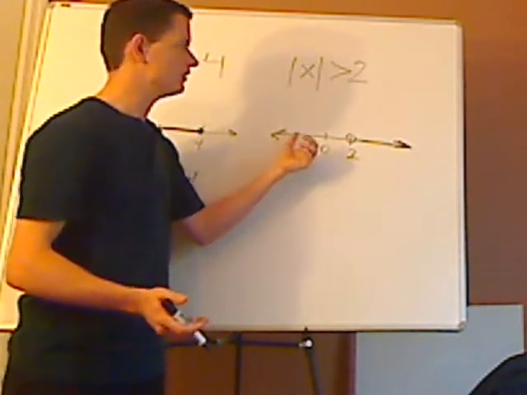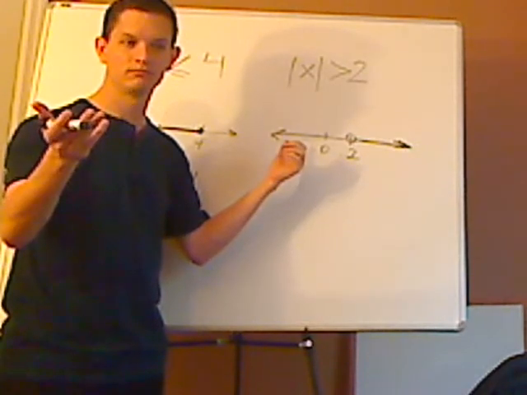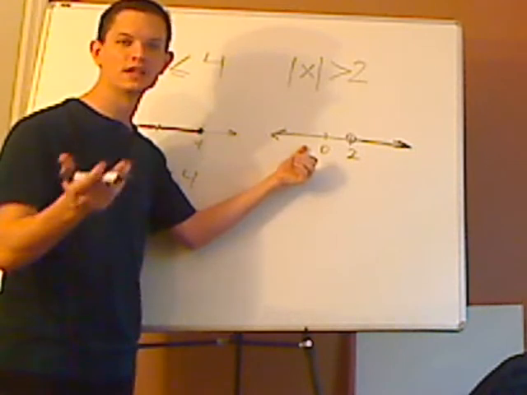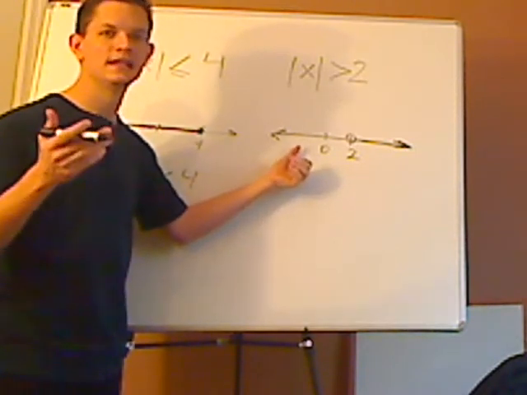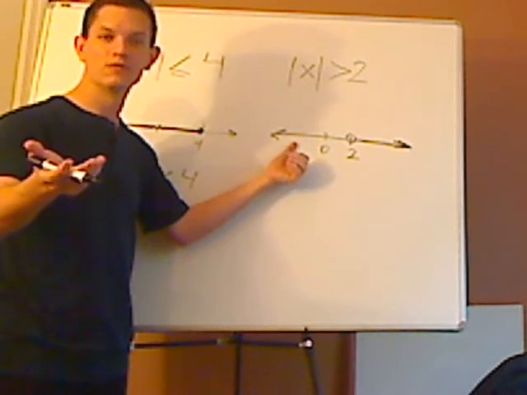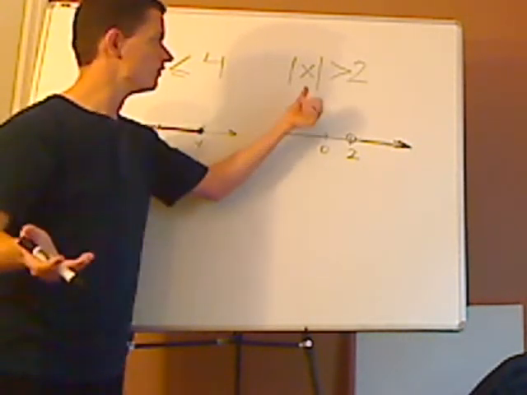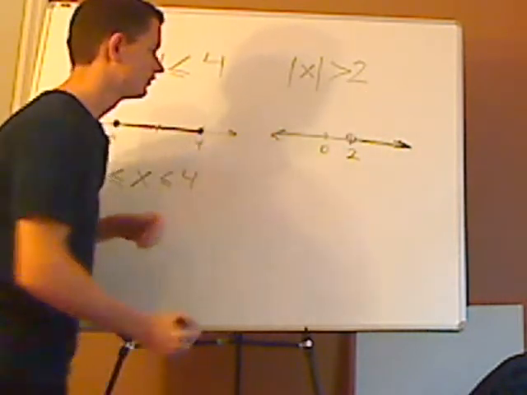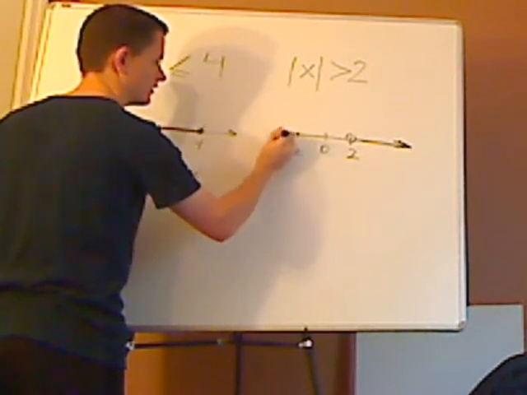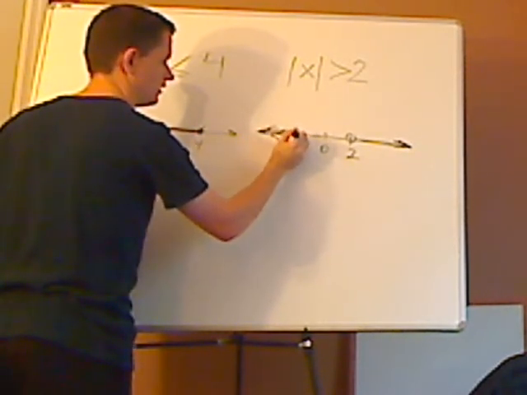What about negative 3? What's the absolute value of negative 3? Yeah, it's a positive 3. So negative 3 is going to work. What about negative 4? Yes, negative 4 is going to work because you take the absolute value of negative 4. That's 4. 4 is definitely greater than 2. So you have negative 2, and it's going to go in that direction.